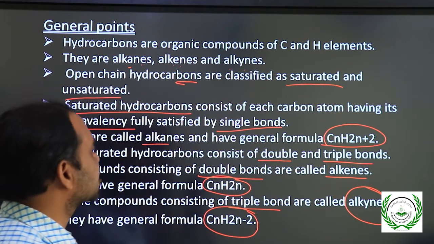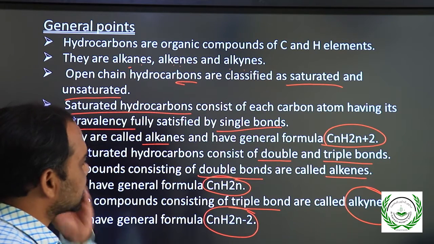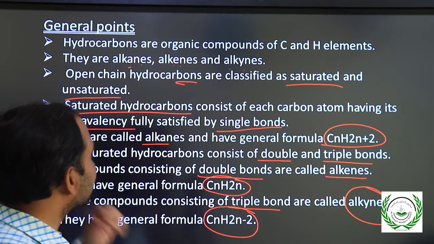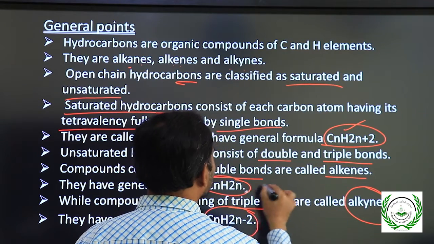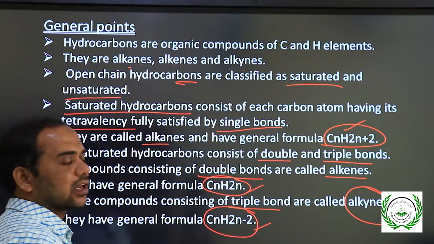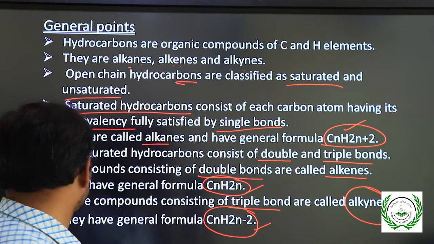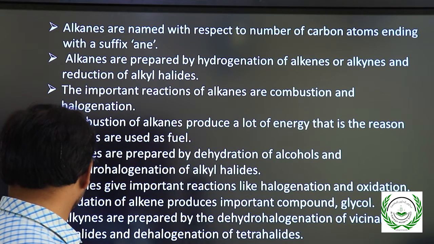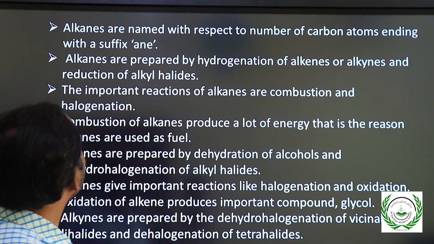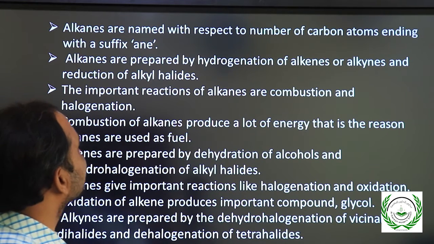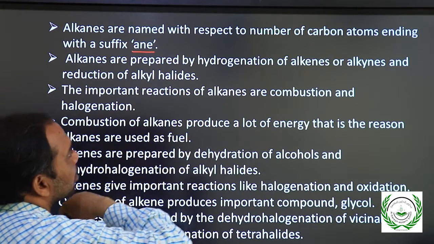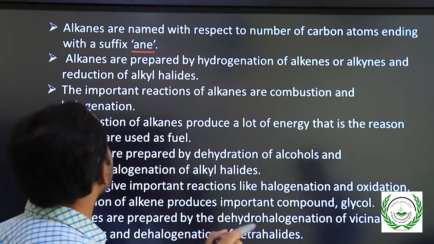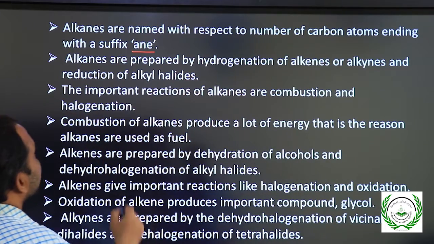Here in this concept, whether in future classes or from the examination point of view, you have to remember these formulas. These formulas are most important to find out the number of carbons in a compound. Next, the suffix "ane" represents a single bond with respect to the number of carbon atoms.